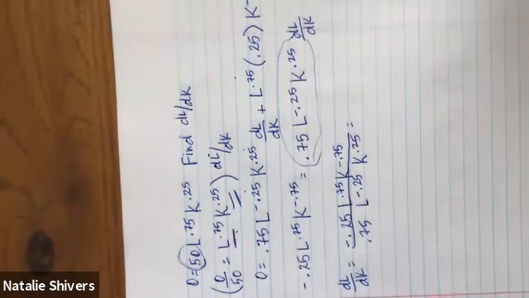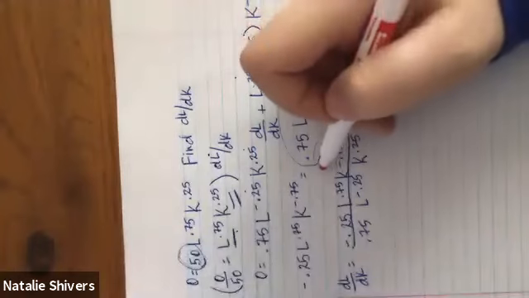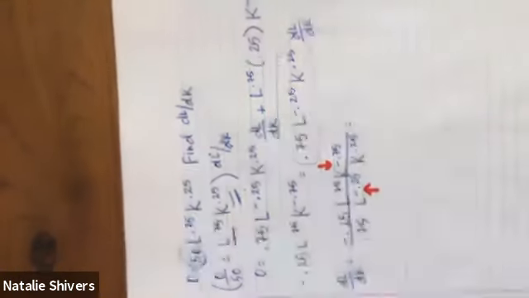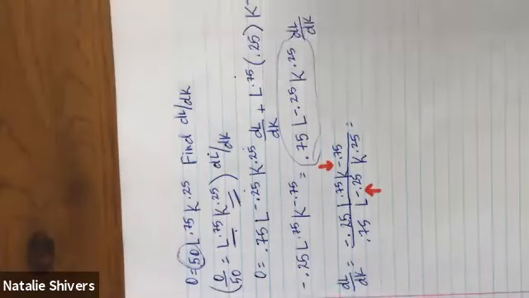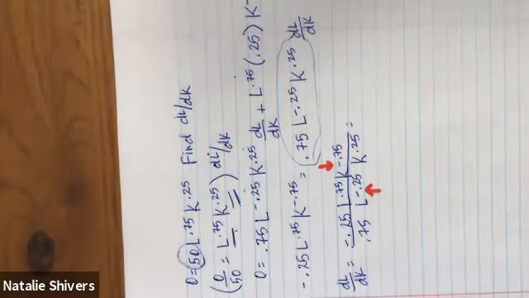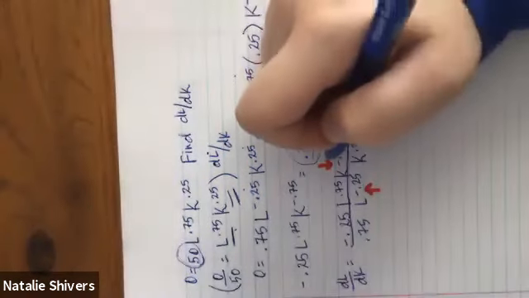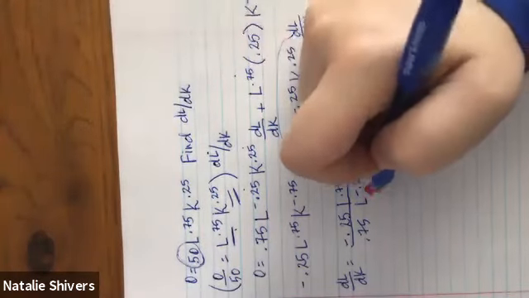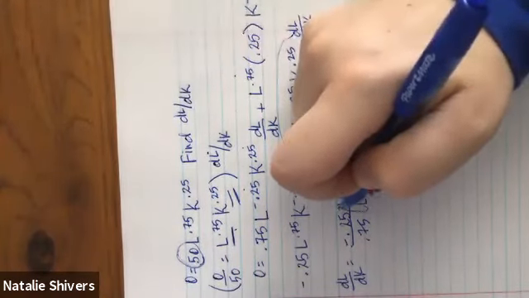What I need to do here, and I happen to have a red expo marker, is look right here: I have two negative exponents. Well, I can't have those, just like in the last chapter, so I need to get rid of them. The easiest way is to take the term with the negative in the numerator and move it down, and take the term with the negative in the denominator and move it up.